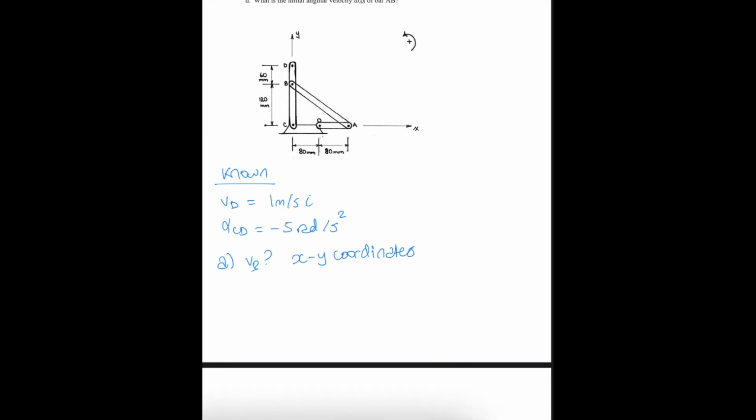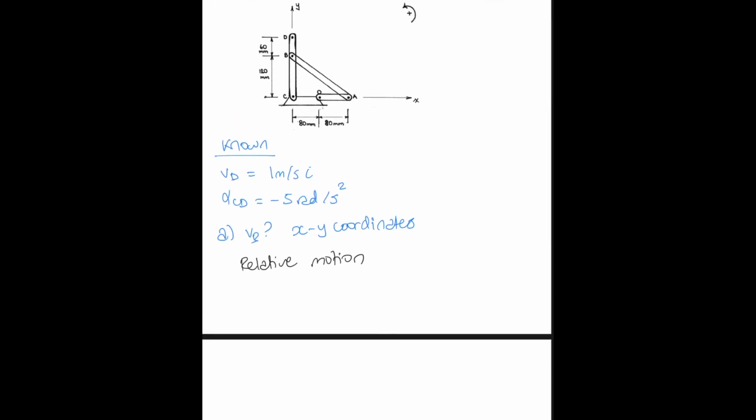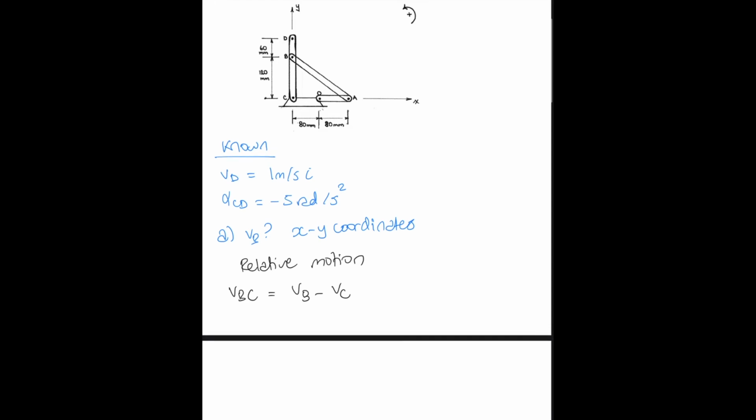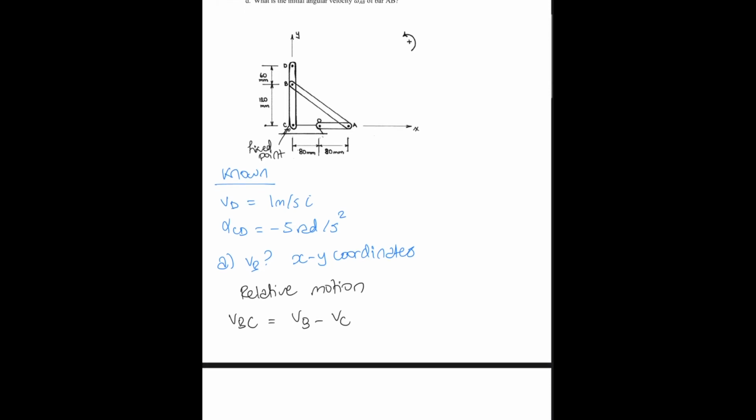So first of all, we're going to use our relative motion to find VB. So VBC is equal to VB minus VC. However, C here is a fixed point. Therefore, it's the center of rotation, so it's going to be equal to 0.